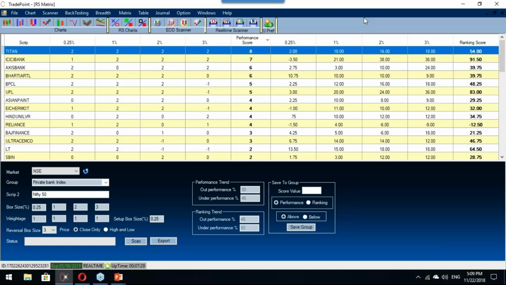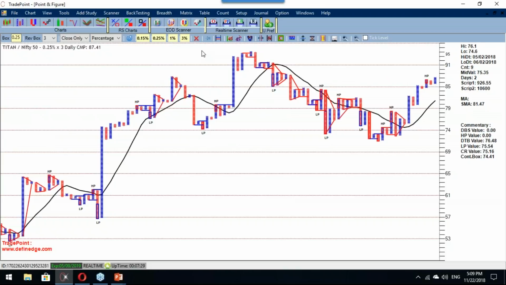So the question is, take the example of Titan. We have a score of 8. So what does the score of 8 mean? It is the score of 8 in the relative strength chart or the ratio chart. So we are looking at the share price of Titan divided by the Nifty value. Every day Titan closes at a particular value, and the Nifty 50 index closes at a particular value.